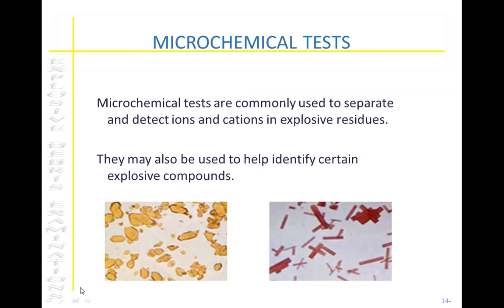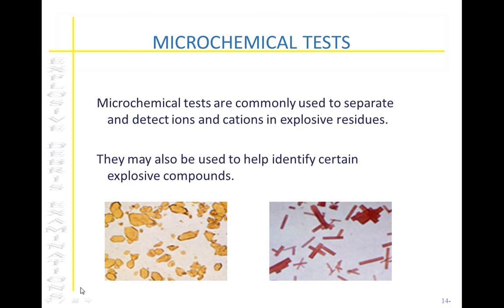They might also perform microchemical tests. Usually these are going to be used to help identify various anions and cations present in that explosive residue, which is going to assist the forensic scientist in the identification of the explosive. These are microscopic tests that are used.